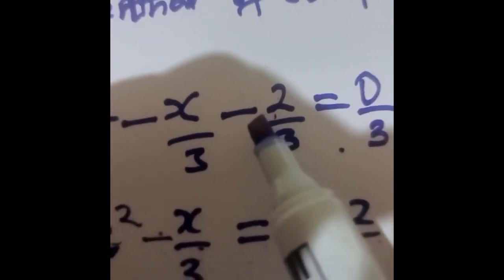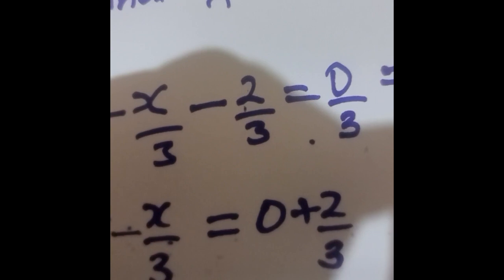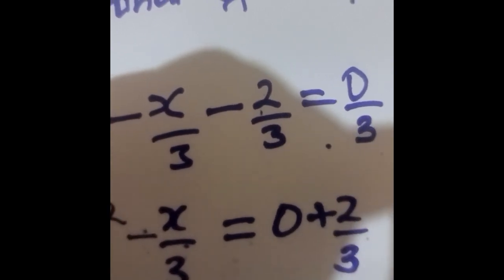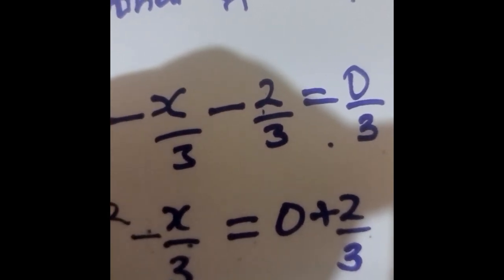We have taken this negative 2 over 3, the constant part, to the other side. So it will be 0 plus 2 over 3, which is simply 2 over 3.